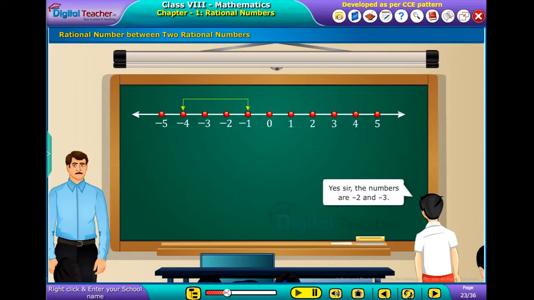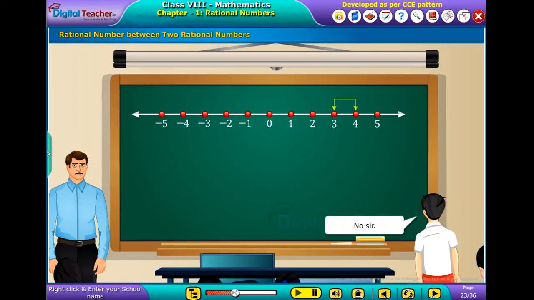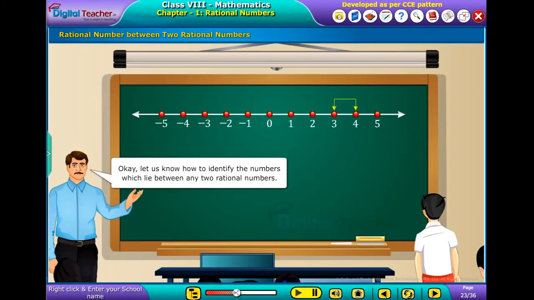Yes, sir. The numbers are -2 and -3. Okay, can you identify the numbers which lie between 3 and 4? No, sir. Okay, let us know how to identify the numbers which lie between any two rational numbers.